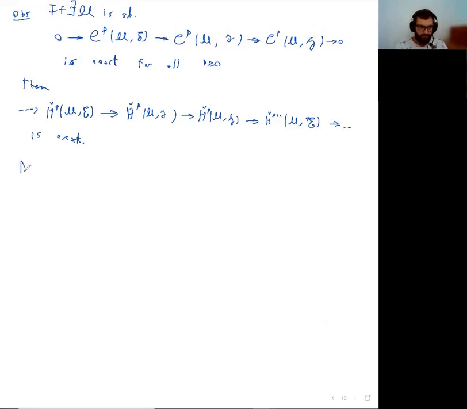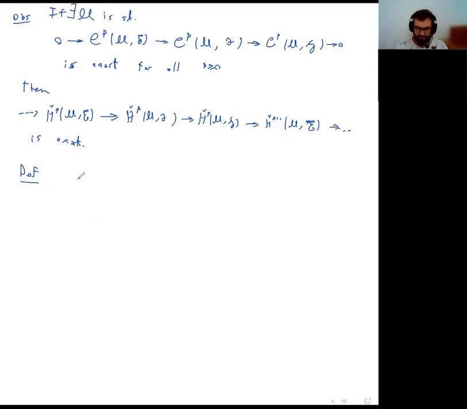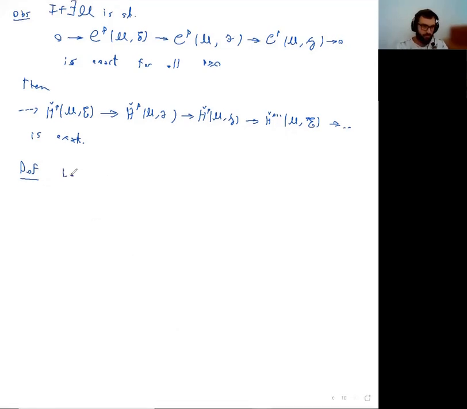We'll conclude today, maybe a bit early, with another definition. So we take a vector bundle over M and let E be its sheaf of sections.